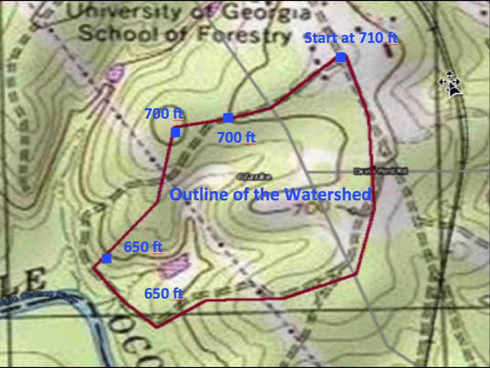The way that works, again, is we go back to the polygon tool, and we use our cursor, and we'll use this as a point of beginning here at 710 feet. You can see this is a light gray line indicating it's a little higher than it is at 700 feet here.